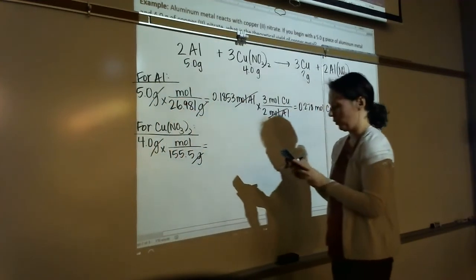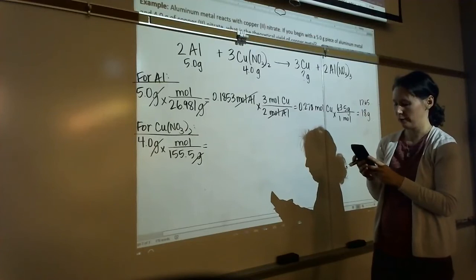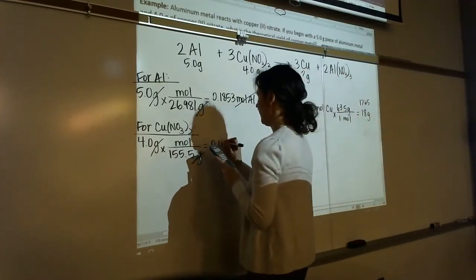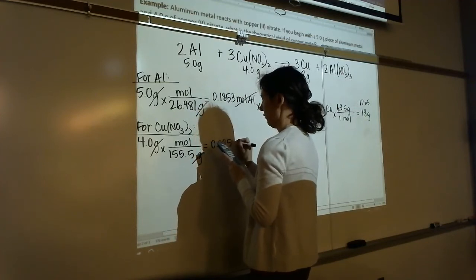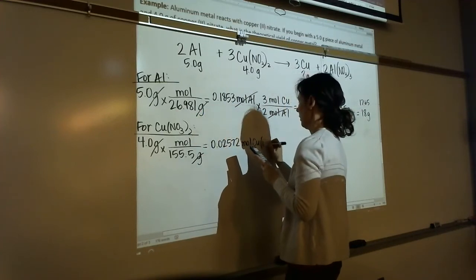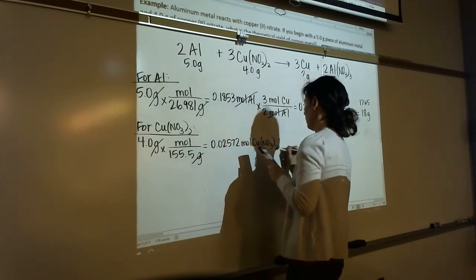All right, so 4 divided by 155.5 gives me 0.02572 moles CuNO3 2.